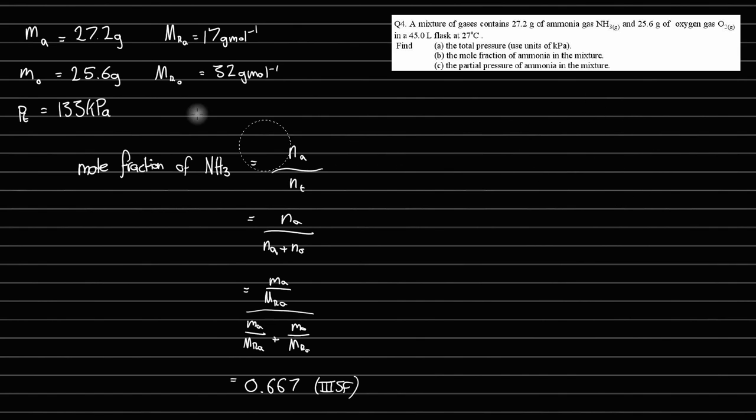Finally, moving on to part C, we're asked to find the partial pressure of ammonia in the mixture. This might be an equation that you haven't come across before. Partial pressure is quite simply equal to the mole fraction times by then the pressure total of the system.